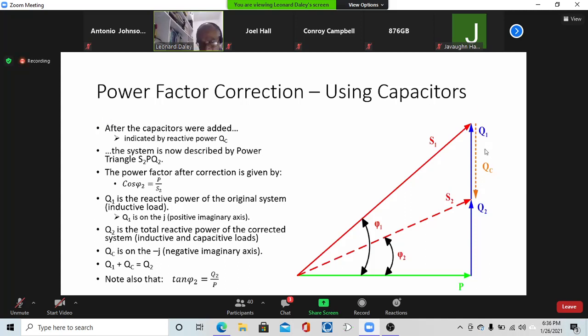So QC here is indicating that some capacitive reactance was added, right? Reactive power due to the capacitor was added. All right. Now, if you remember how we draw the triangle, QC for the capacitor would be below 0, would be on the negative pole of the imaginary axis, right?